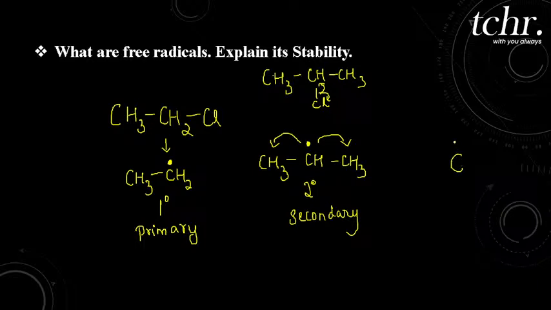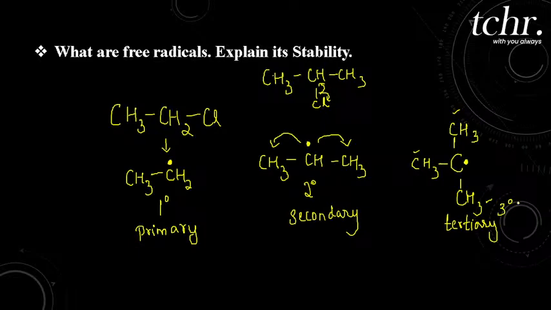In the same way, the next one I am going to write like this. Here the carbon atom containing the unpaired electron is further attached to three alkyl groups, you can observe, right? So this is a tertiary free radical. Free radicals can be classified as primary, secondary and tertiary.